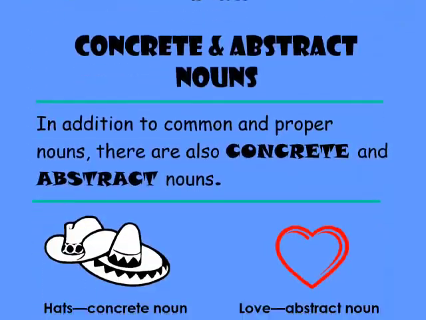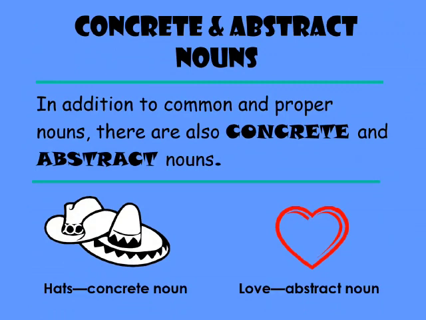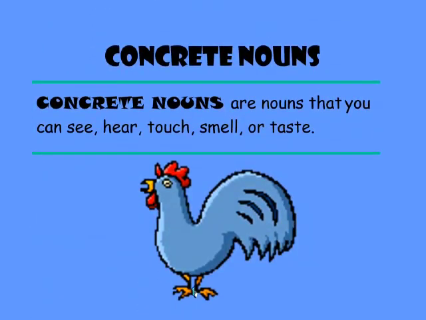Okay, so now we'll talk about concrete and abstract noun. In addition to common and proper noun, there are also concrete and abstract noun. So let's talk about concrete noun. What is a concrete noun?